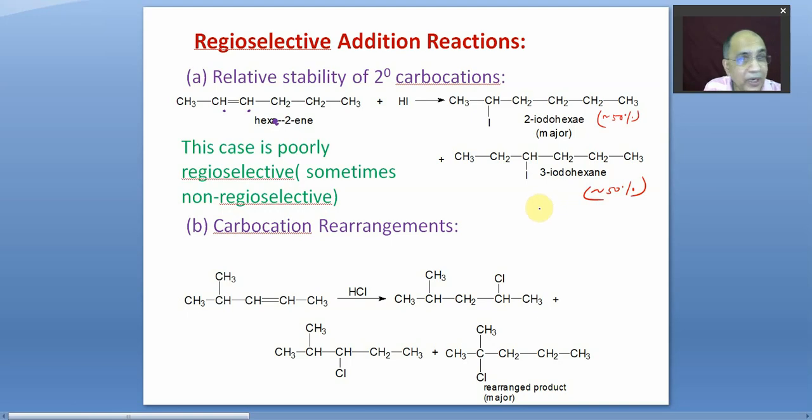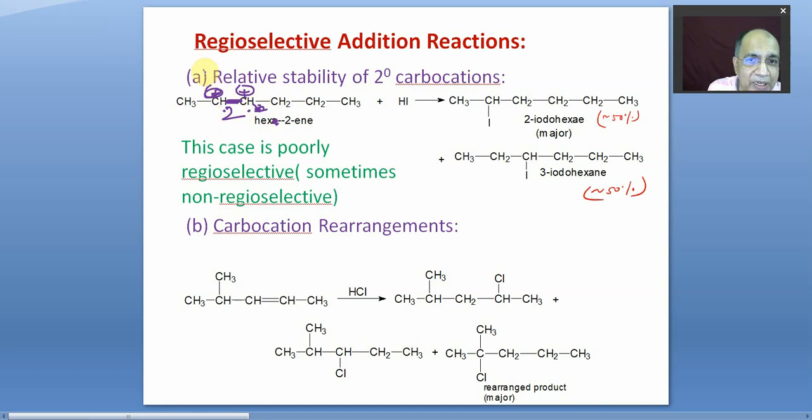Although, if you can argue the relative stability of this carbocation and this carbocation, taking the hyperconjugation effect into our discussion, there are 3 plus 2, 5 alpha hydrogen atoms. And if the plus would have been here, then the number of alpha hydrogen atoms is 4.